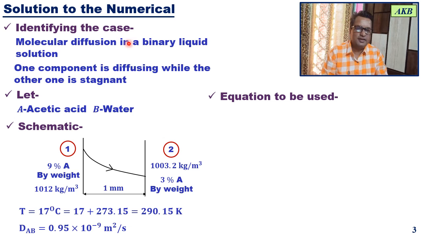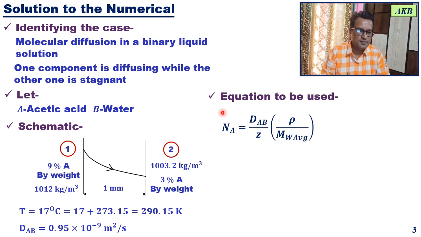We have identified the case, and now we know which equations are to be used. We just need one equation to find out the rate of diffusion. So this equation will give you the rate of diffusion: NA is equal to DAB upon Z, rho upon MW average, into 1 upon XBM into XA1 minus XA2.